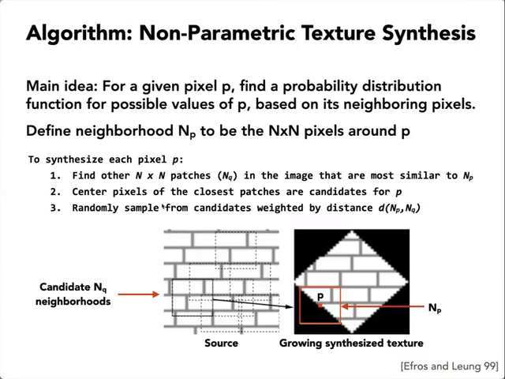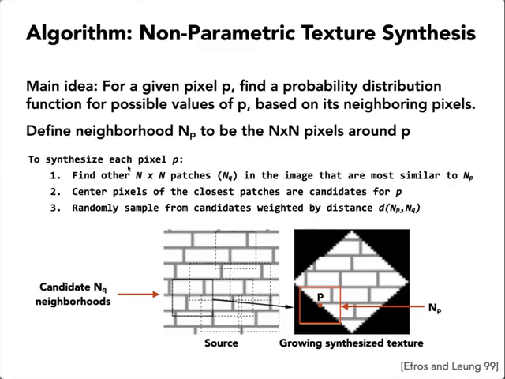Instead, you can apply something that uses some of the ideas around neighborhood similarity, similar to non-local means. The main idea is that for a given pixel P, I want to find a probability distribution function for possible values of P in the output based on its neighboring pixels in the source texture input. We could define the neighborhood N_P to be the n by n pixels around P, exactly the same as in the non-local means example.